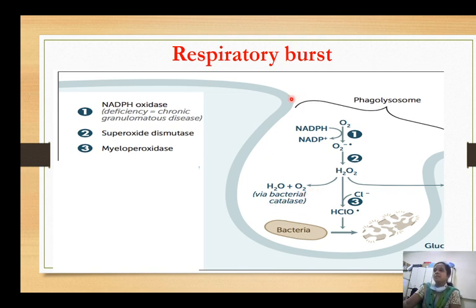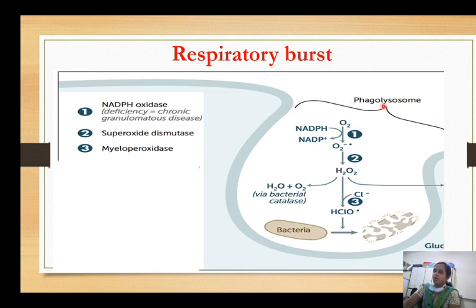So, respiratory burst is a phenomenon that occurs in the neutrophils and the WBC in response to bacterial ingestion. Once bacteria comes in contact with the cell membrane, it is engulfed by means of phagocytosis to form a vesicle. This vesicle will fuse with the lysosome and form a phagolysosome vesicle that gets incorporated into the cell.